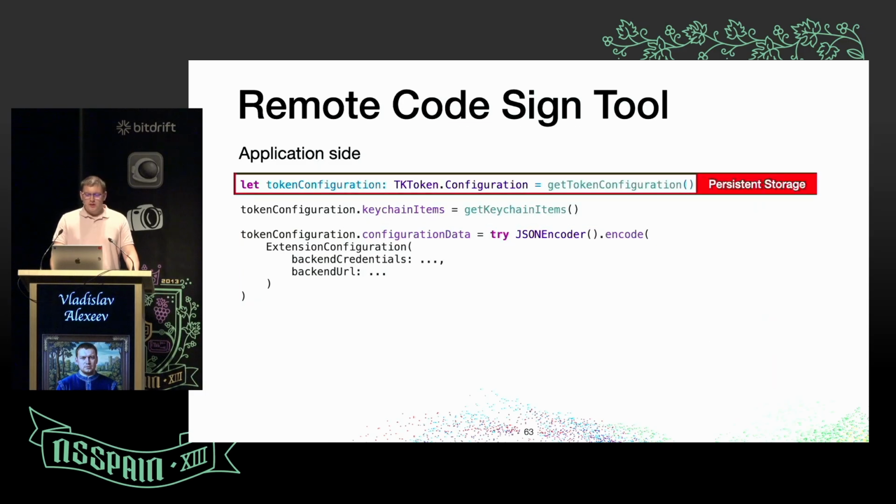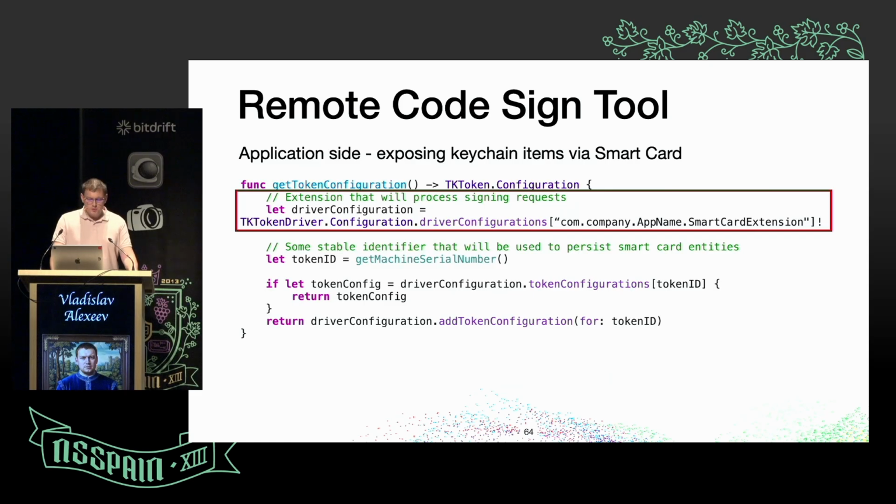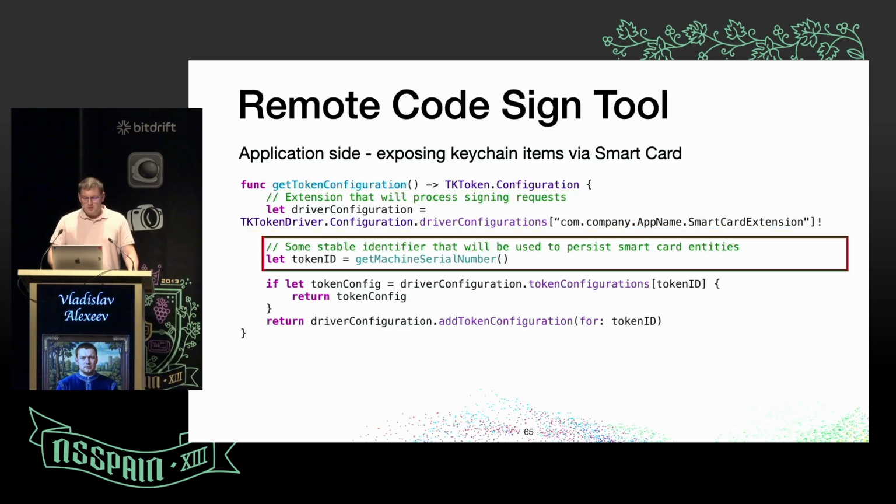Let's have a look at how we get the persistent storage first. So you use this bundle ID to get the token driver configuration, which represents the extension. Then you create some stable identifier, which can be preserved between app restarts and system reboots. As an example, I think the serial number of the machine is a very good solution for this.